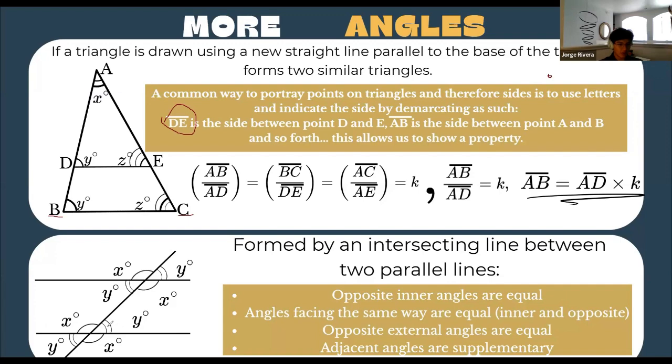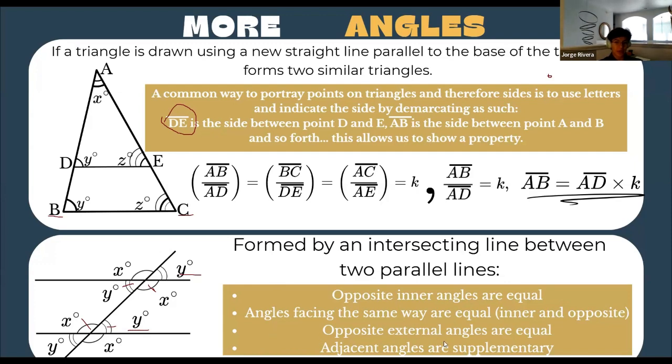So this angle is equal to this angle, right? And this angle is equal to this angle because they are opposite and they are inner. Angles facing the same way are equal, inner and opposite. Here we have an inner angle, and here we have an opposite angle, but they're facing the same way. So therefore they have the same value.